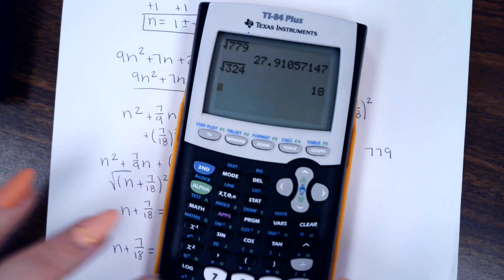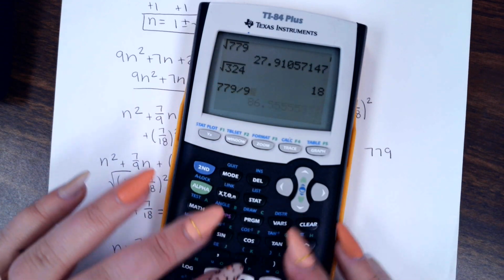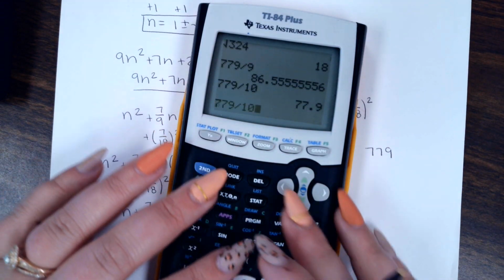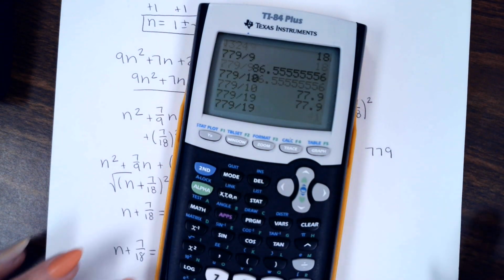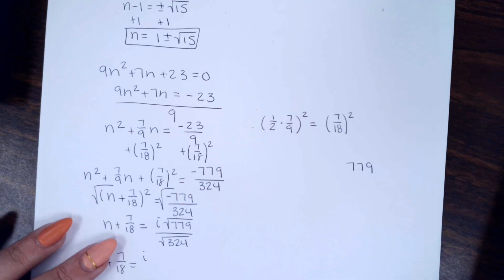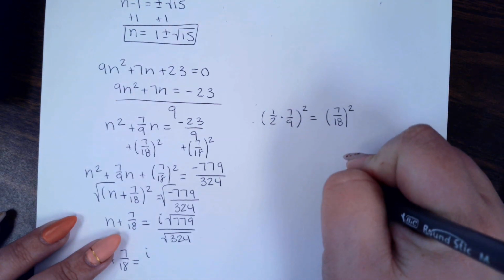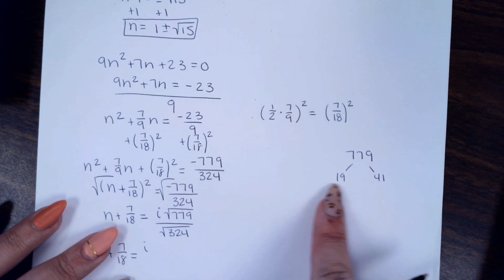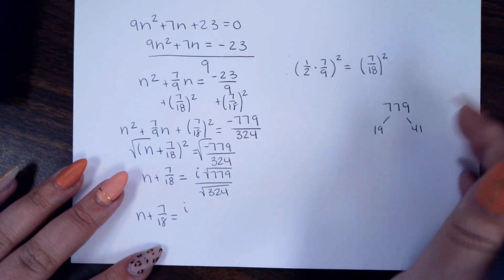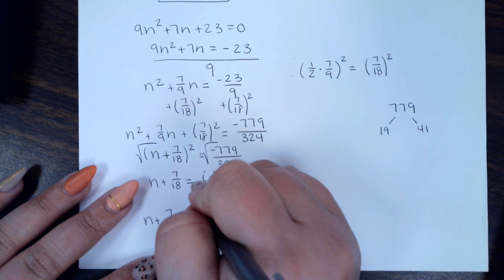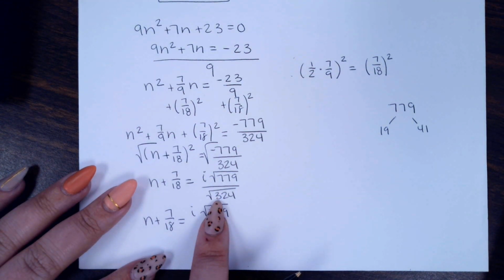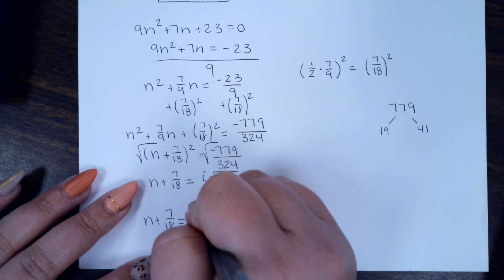We can just try dividing. So 779 divided by 9. How about 10? How about 19? Oop, 19 and 41. Those are both prime numbers, so we have no pairs, so we actually can't simplify this. So we're just going to leave it as the square root of 779.